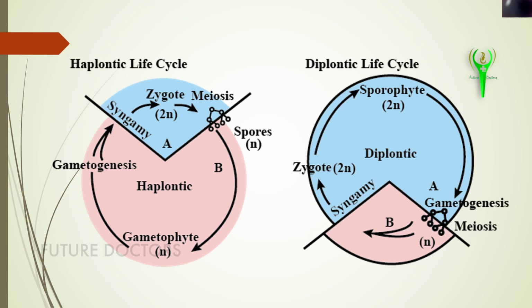The diplontic life cycle. In the diplontic life cycle, the majority of the organism's life is spent with most of the cells in the body being diploid. The only cells that have half the number of chromosomes are haploid and are gametes.